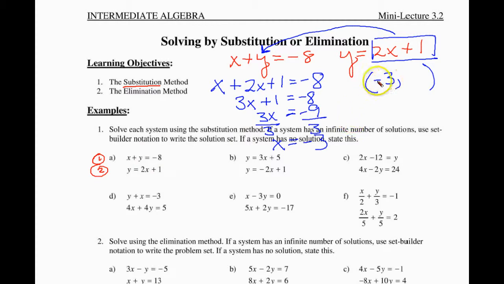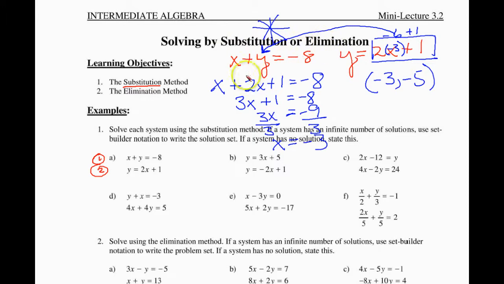Well, if x is a negative 3, we could put that negative 3 right there. 2 times negative 3 is negative 6 plus 1. Our y then is going to be a negative 5. And we have found that point of intersection by using the method called substitution.